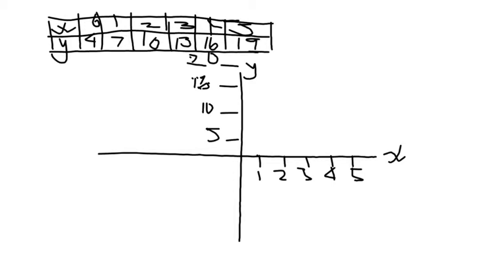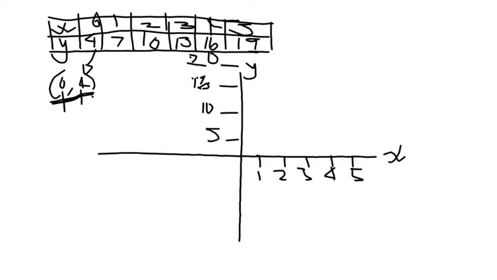Okay, so what we need to do is our first point. What do we have? 0, 4. This way of writing coordinates is known as ordered pairs. You should always put your x value first and then your y value.